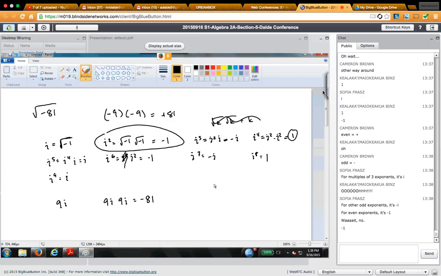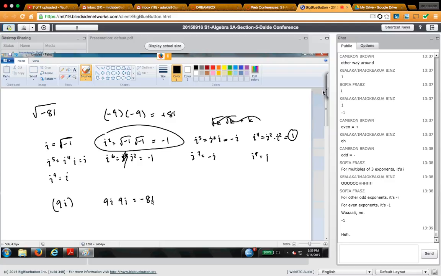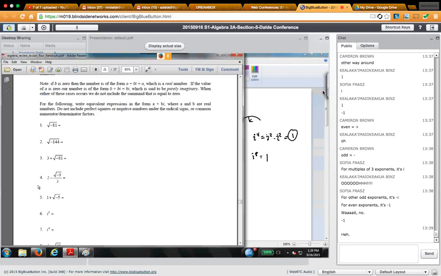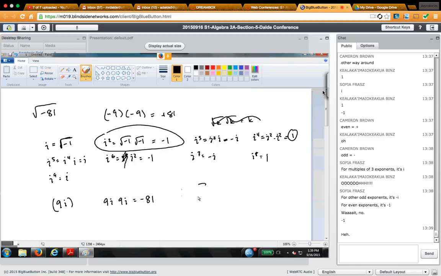Negative 81. So do you see how this thing fixes our problem about negative square roots? Okay. What is the square root of negative 144? The square root of negative 144 is 12i.